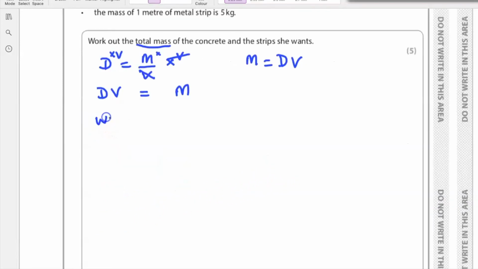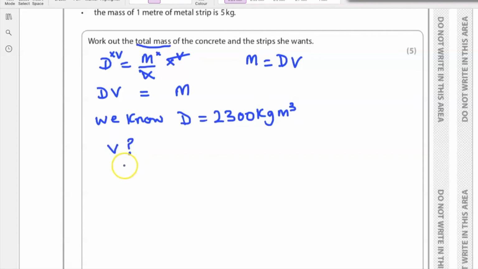We know density equals 2,300 kilograms per cubic meter. Now, what is volume?